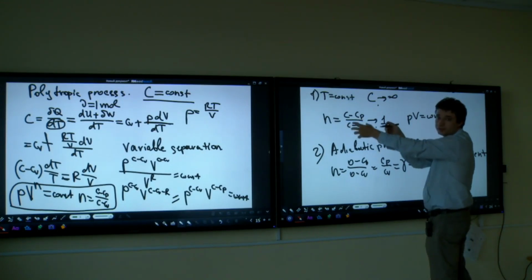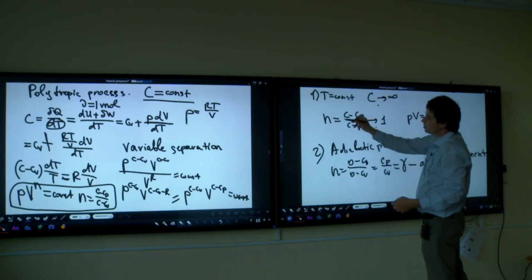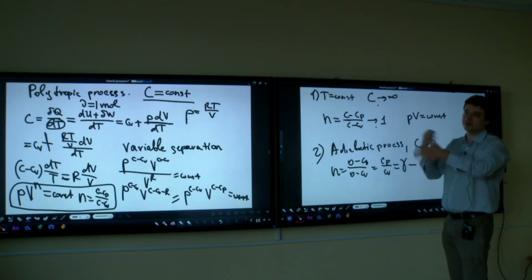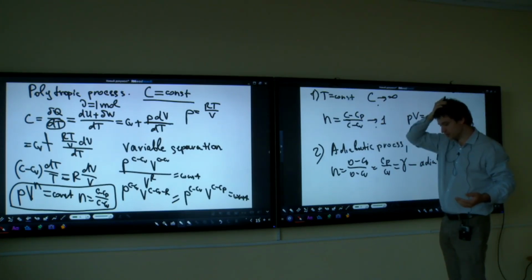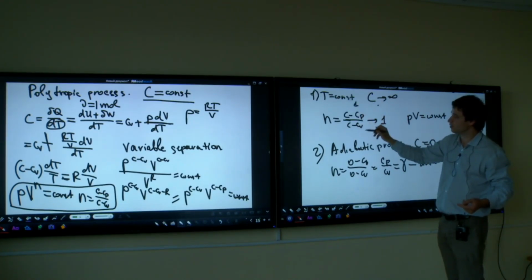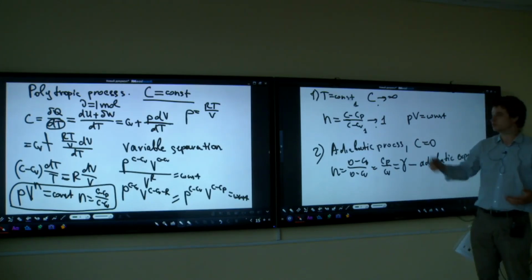So the difference gives infinity divided by infinity, which is called undefined. But we can calculate the derivative over C: in the numerator we have 1 as the derivative, and in the denominator we also have 1. So this undefined expression gives me 1.